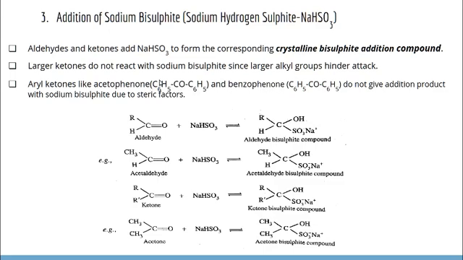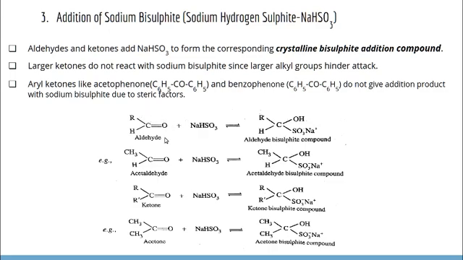In benzophenone we have two phenyl groups. So aryl ketones like acetophenone and benzophenone have large substituents, aryl groups or alkyl groups. Because of the presence of large groups, they hinder the attack of the nucleophile.